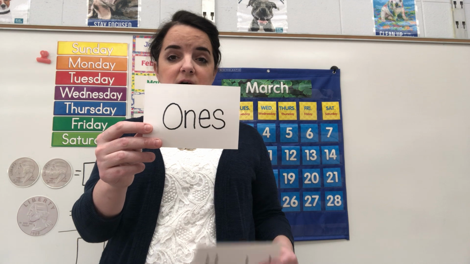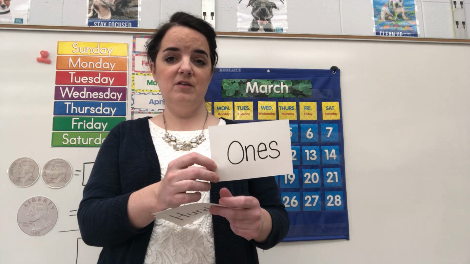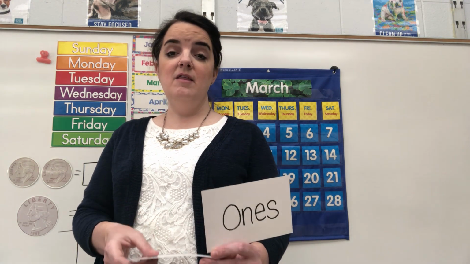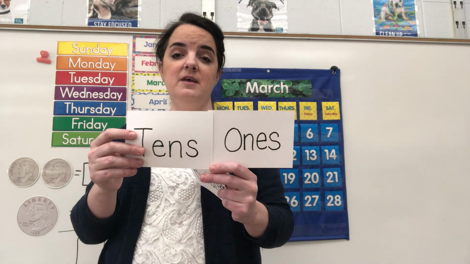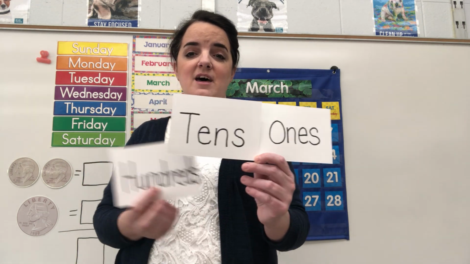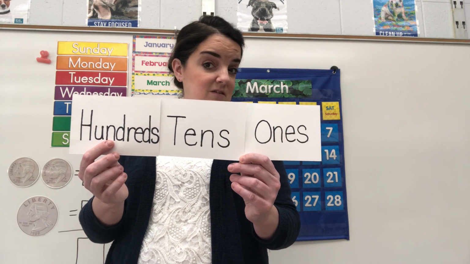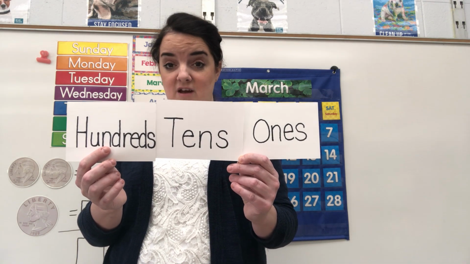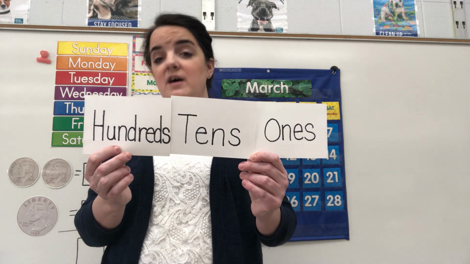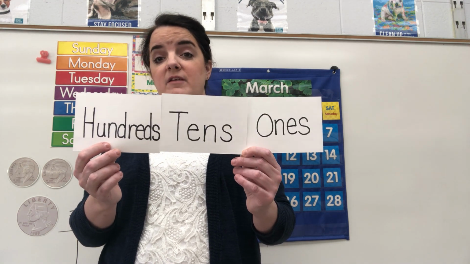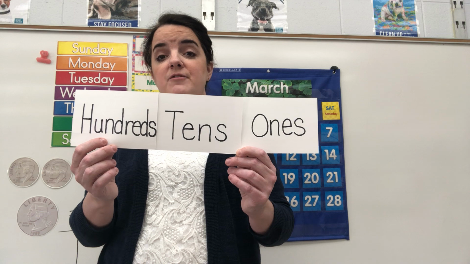So the ones place would come first, and then after the ones place would come the tens place, and then the hundreds place. So it starts at the ones, and then it goes to the tens place, and then to the hundreds place. So that's a little bit of review of place value.